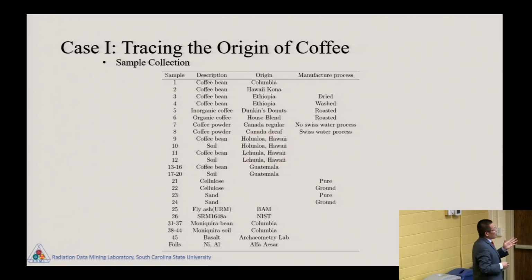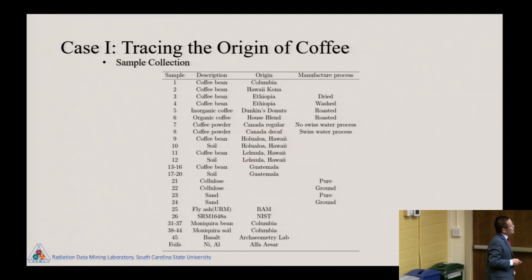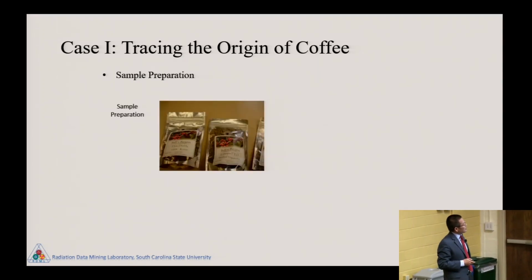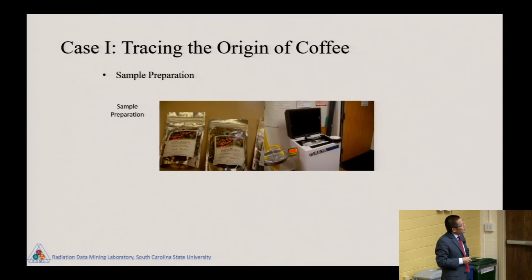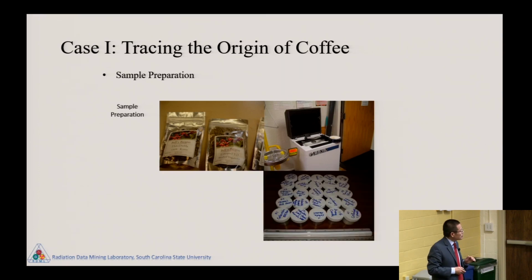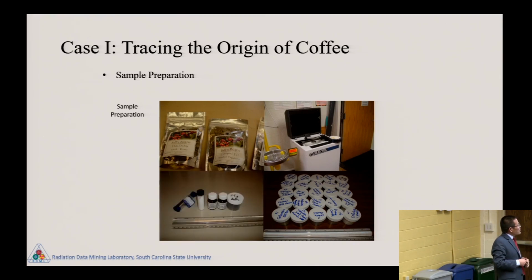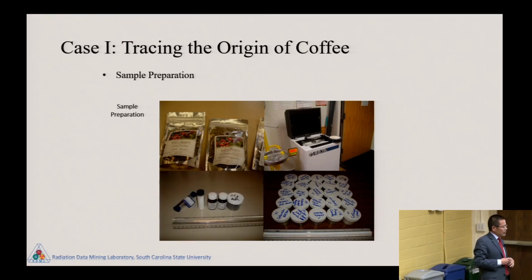Some coffee comes from Hawaii, some from Guatemala, some from Colombia. And these are the coffee beans in bags. This is a grinder that grinds coffee into very fine powder. And this is a sample. This is a reference material. We use fly ash as the standard.